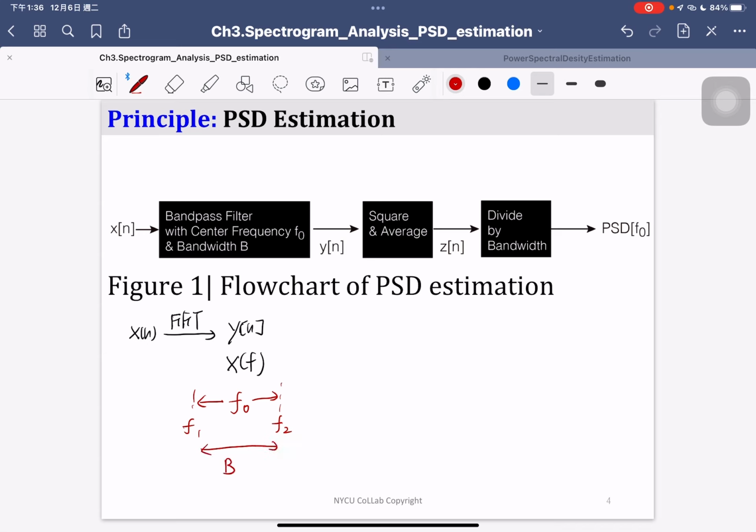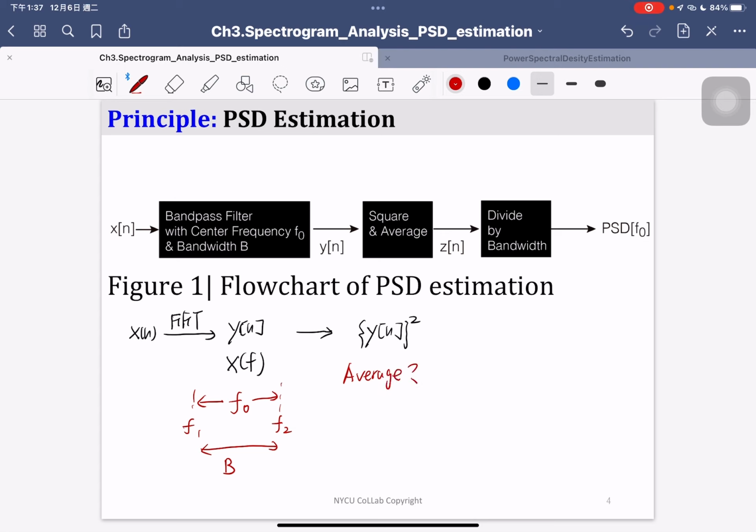After we have the Y spectrum amplitudes, we can compute the square, and do some averages.